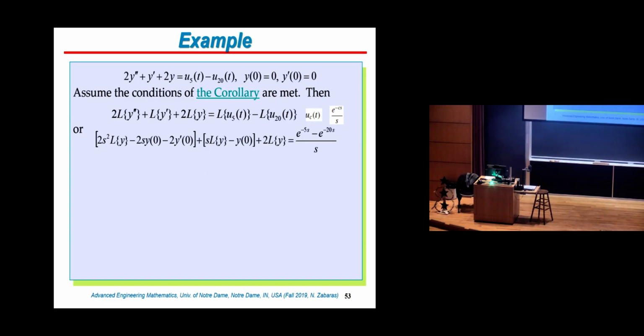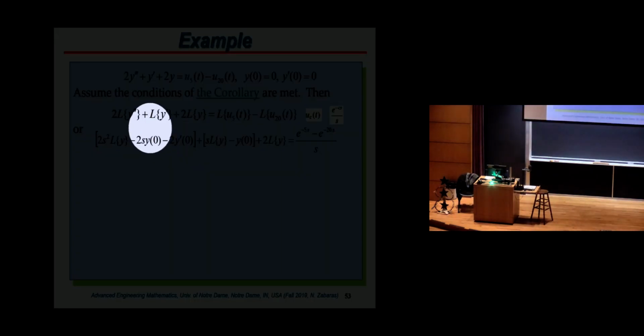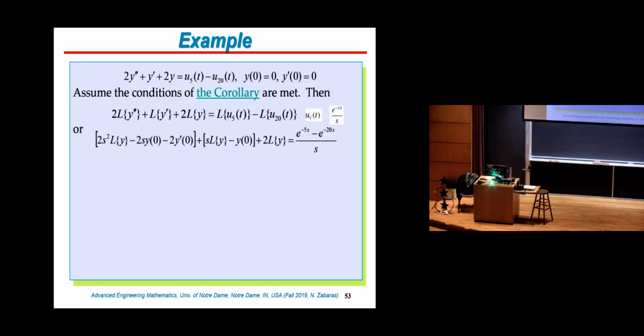You don't really have to solve the problem in terms of some constants and then apply initial conditions. No, the initial conditions are taken care of directly in the Laplace transform, okay? And there was a factor 2 here that carries on. So this is the Laplace transform of the first derivative plus 2 times L of y equal to that.